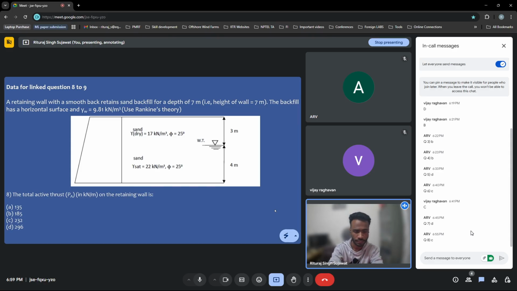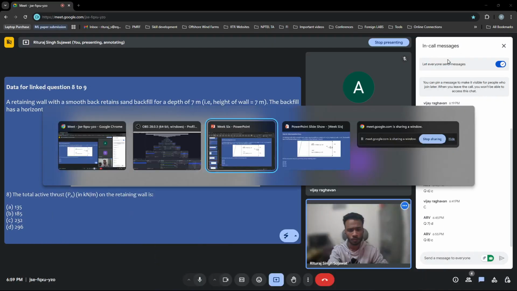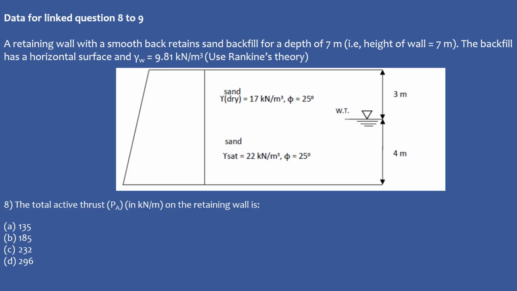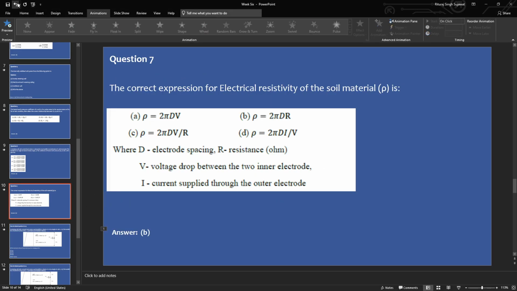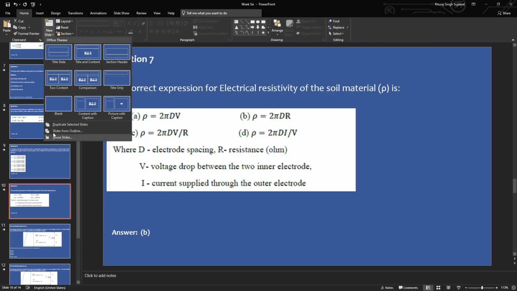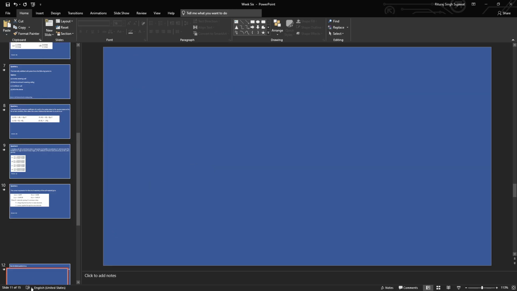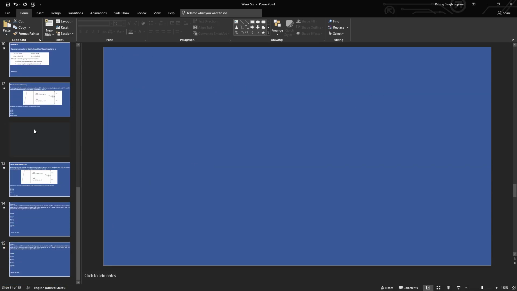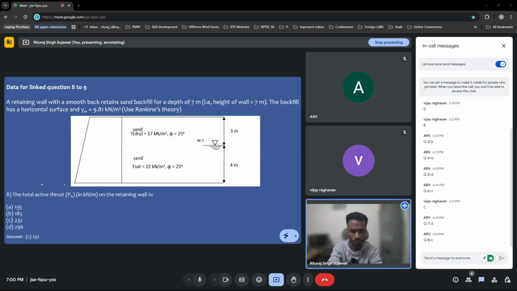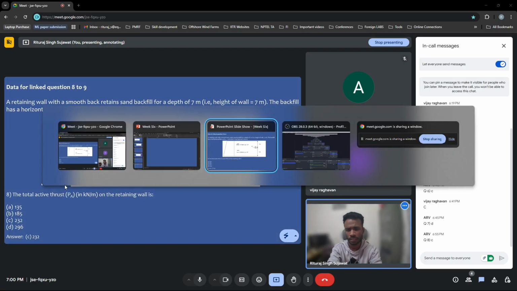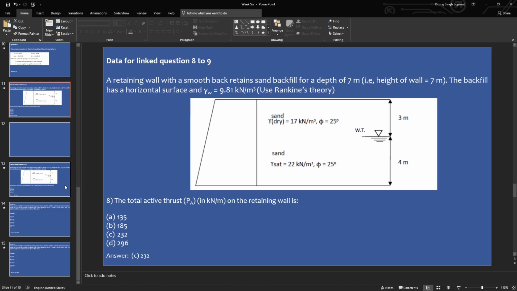Okay, so let's check this. I'll take a new slide. So yes, the answer is 232, which is correct, as given by ARV. Let's check this.